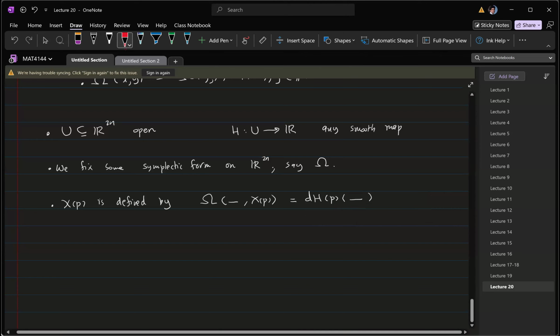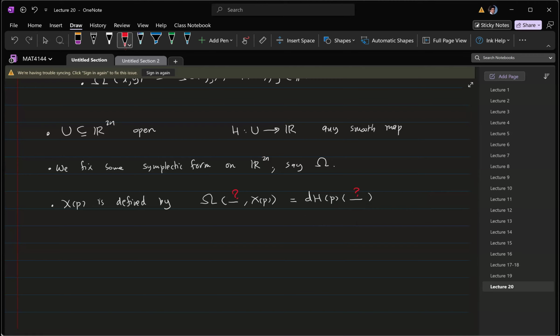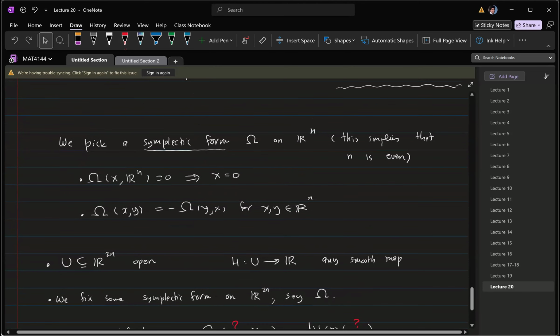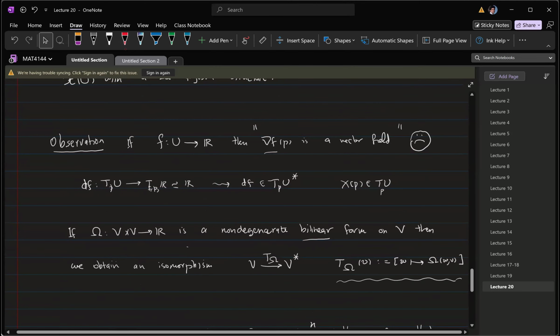So in other words, from dH_p, I obtain the following X_p, the vector that I can plug in so that evaluation of the derivative at the vector is the same as omega of the vector comma X_p. Just this duality that I explained.